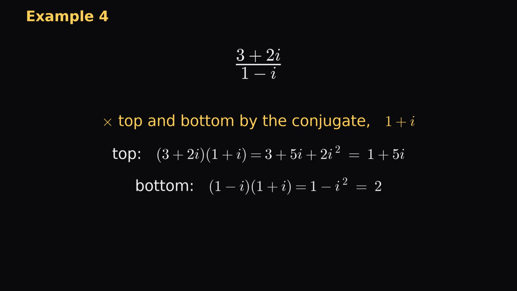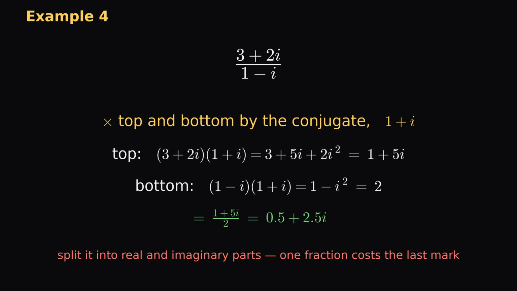Bottom: 1 minus i times 1 plus i. That's 1 minus i squared. 1 plus 1, 2. So it's 1 plus 5i over 2. And finish by splitting it. 0.5 plus 2.5i. Leaving it as one fraction usually costs the last mark.